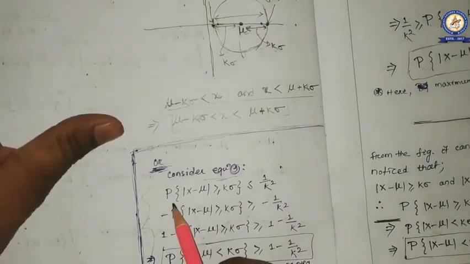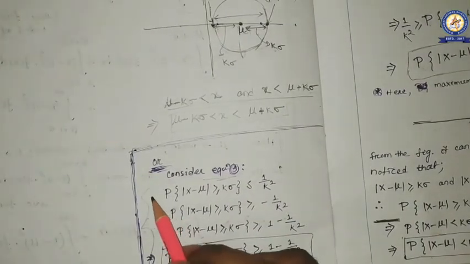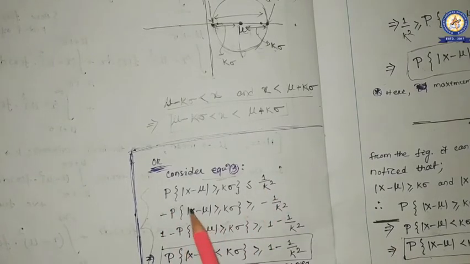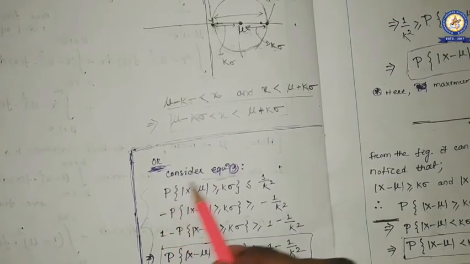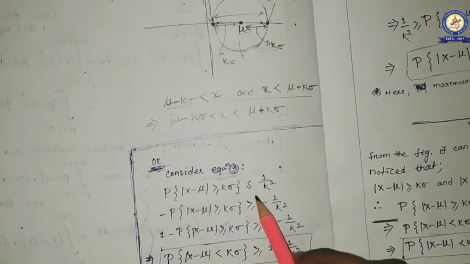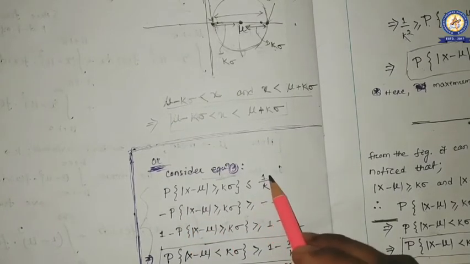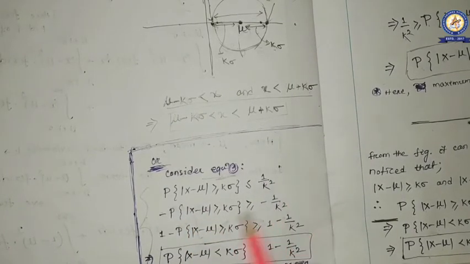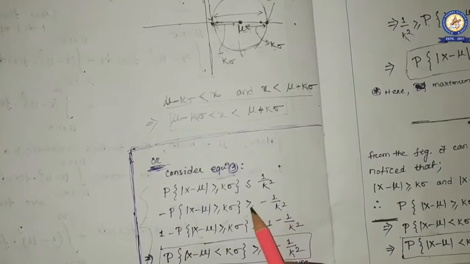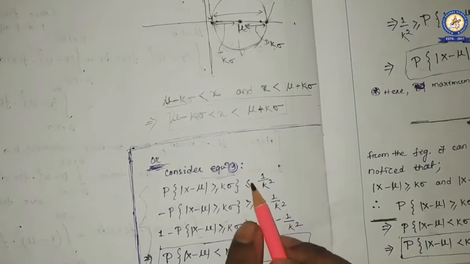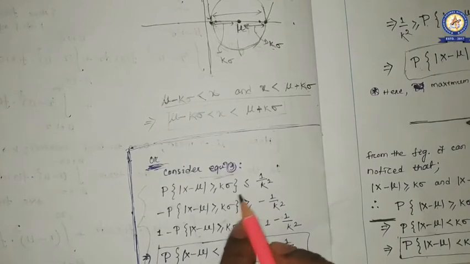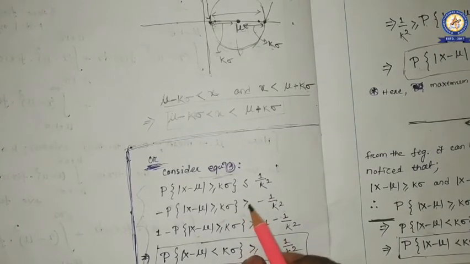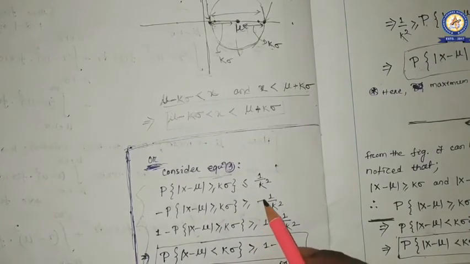and just multiply by minus on both sides. If this is minus, probability of this one is less than or equal to 1 by k square. If it is minus and minus, obviously this sign will be altered. That means greater than or equal to minus 1 by k square.